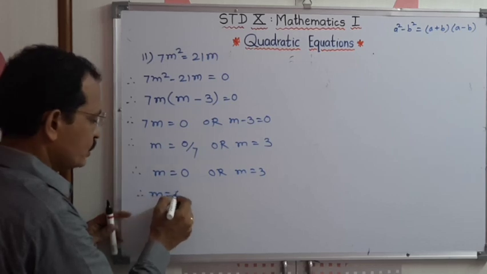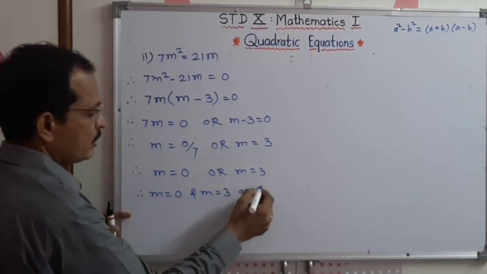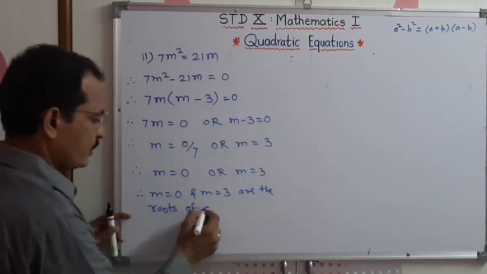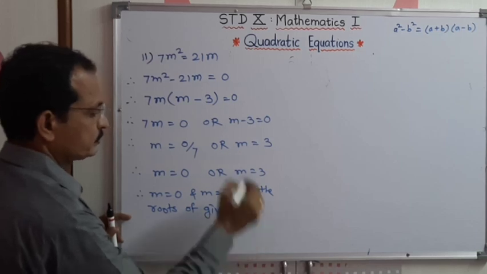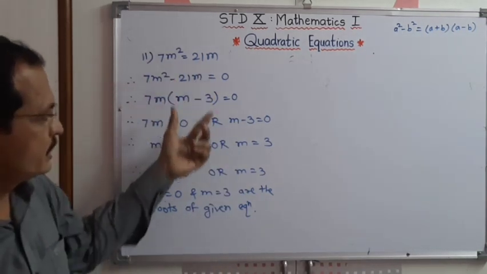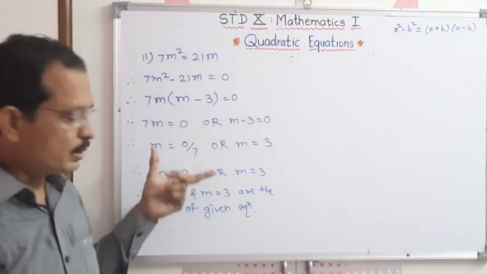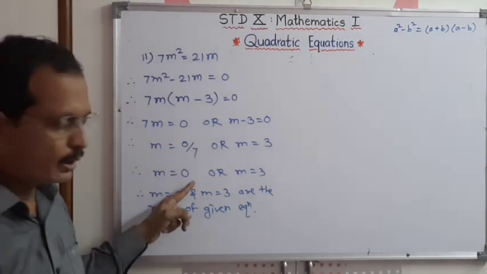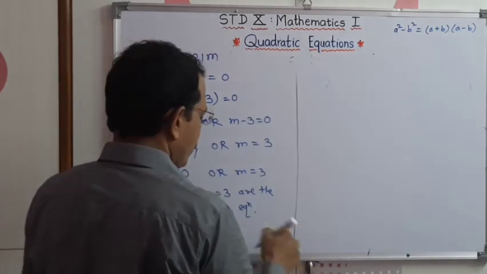Therefore m is equal to 0 and m is equal to 3 are the roots of the given equation. Very easy it is. You must take out the commons. After taking the common, it is easy. 0 upon 7 means 0. Remember this one. Now let's see the 12th one.